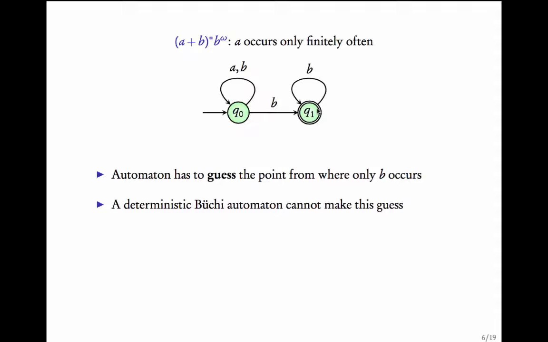It turns out that non-determinism is crucial for accepting this language. A deterministic Büchi automaton cannot make the guess that from now on I will see only B's. This kind of a guess cannot be made by a deterministic Büchi automaton.